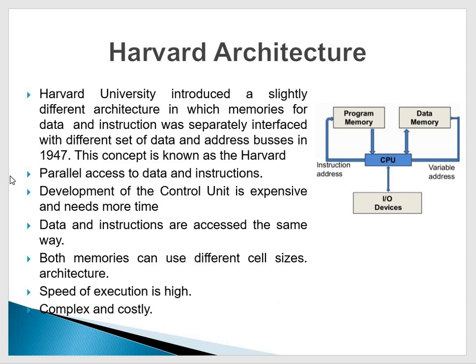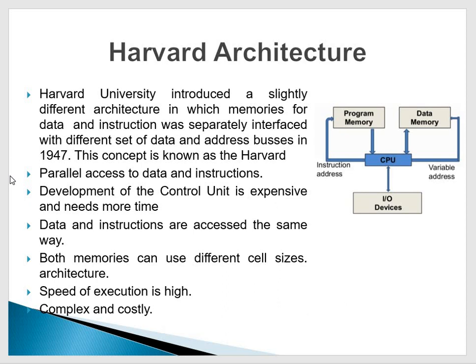Next, the development of the control unit is expensive and needs more time. As we can see, there are two different sets of address and data lines, so the control unit we have to develop to interface the external memory, either data or program, must be interfaced to the two different sets.